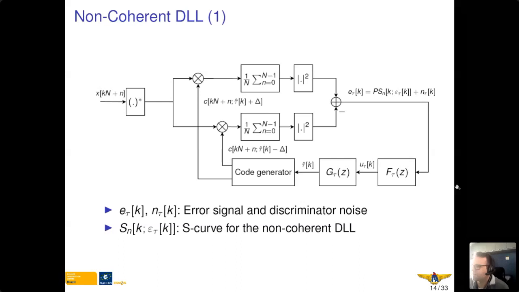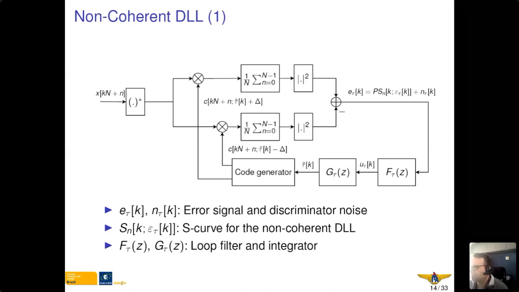S of N is the S curve for the non-coherent DLL. Remember, if our signal model is correct, and this is what we assume here, then this is the autocorrelation function of the sequence at early minus the autocorrelation function of the sequence at late. And this is the S curve, and we also have to multiply with the power here.